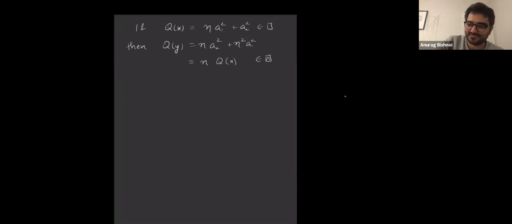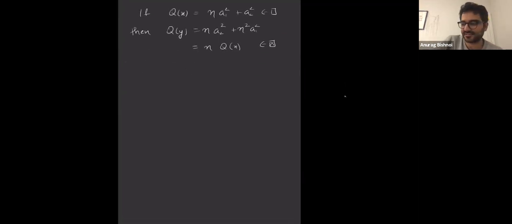To show how ridiculous this is, I could have started with G1, where q of x is just eta times x1 squared, and you immediately see that this graph has no vertices. If x1 is squared, then this whole thing can never be a square; it is always a non-square. So I could have started with the simpler thing also.